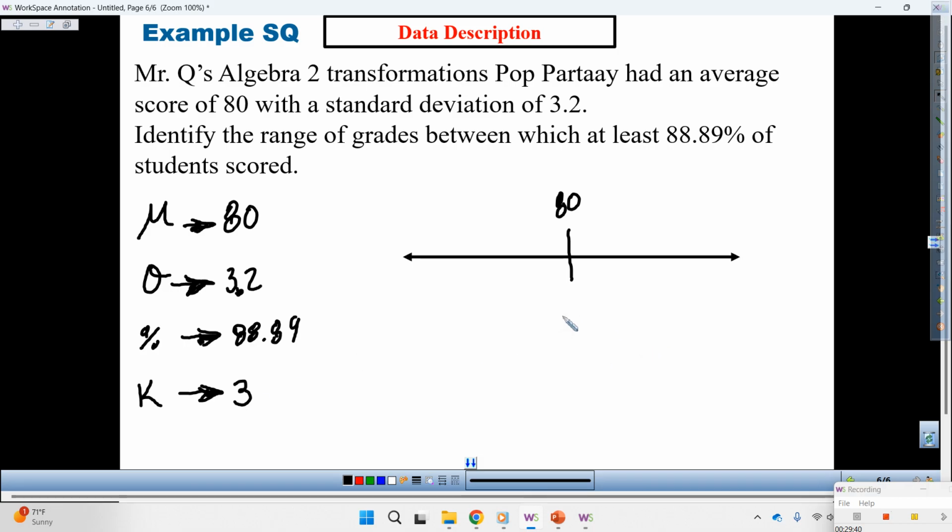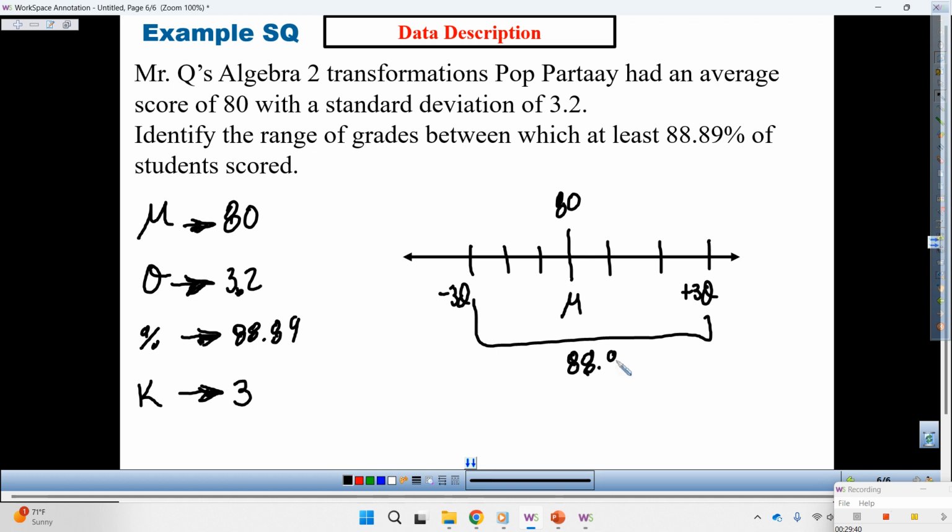All right. So, with that said, this is our mu. And we are on third standard deviation. So 1, 2, 3. Third standard deviation. 1, 2, 3. And we are at what percent? 88.89%. All right. Help me out, Donna. If we go upward by 3.2, what is my next value? 83.2.